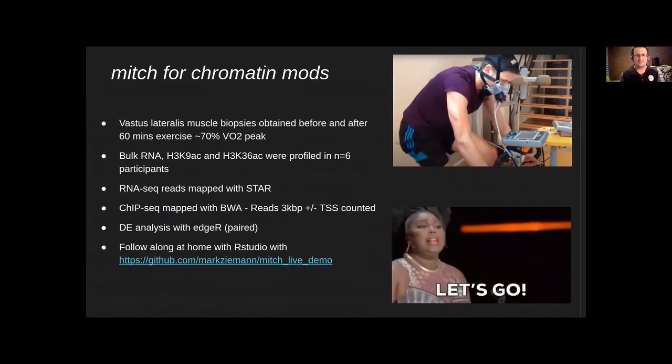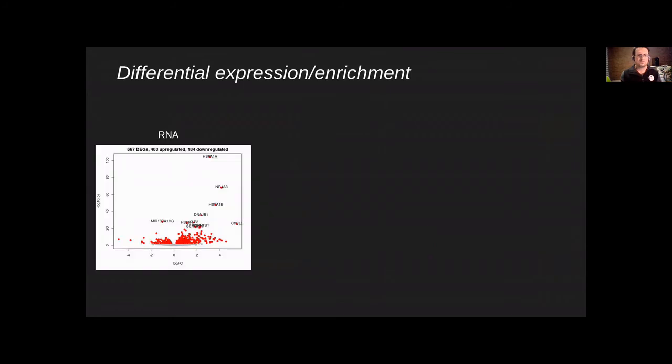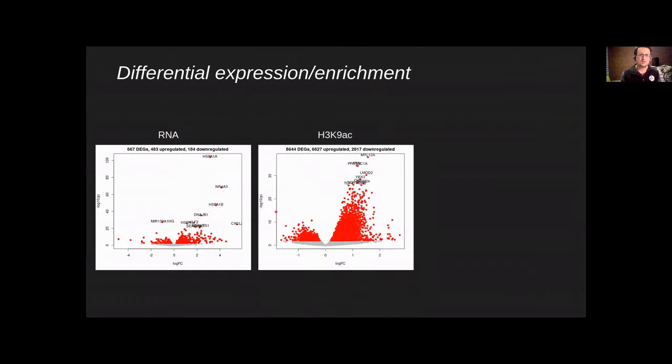Okay, so let's first have a look at the differential expression and the differential enrichment in these studies. At the level of RNA expression, we had 667 differentially regulated genes, and there was definitely a bias towards upregulated ones. And if we look at K9 acetylation, we had many more differentially enriched genes.